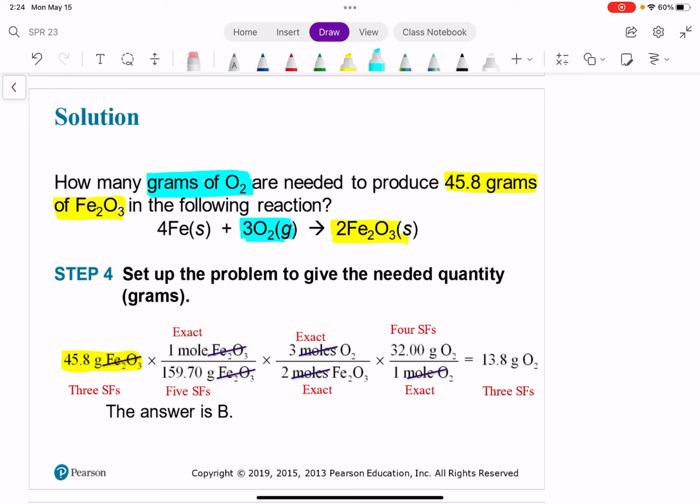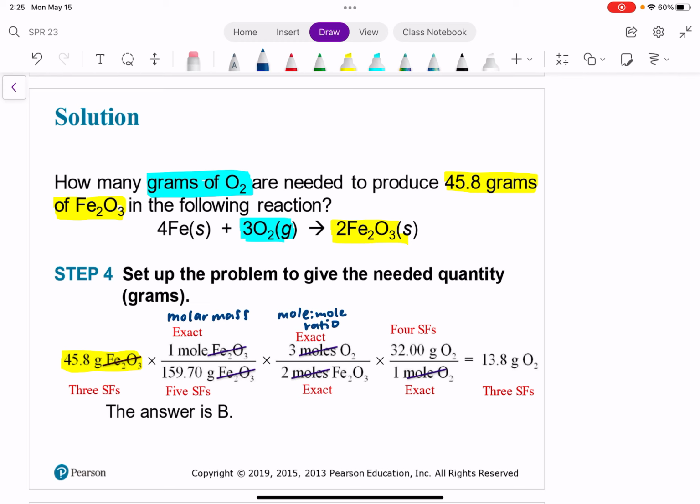So we're going to say we need to use the molar mass here in that second train track to get from grams of our product to moles of our product. Then we're going to use the mole to mole ratio to get from moles of our product to moles of our reactant that we want to eventually end up with in grams.